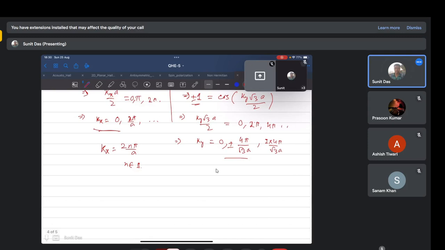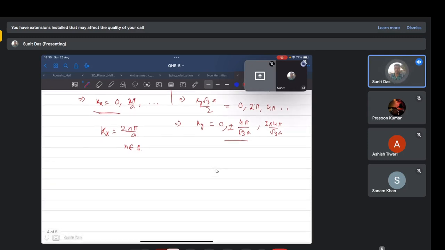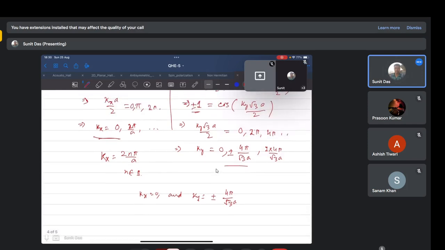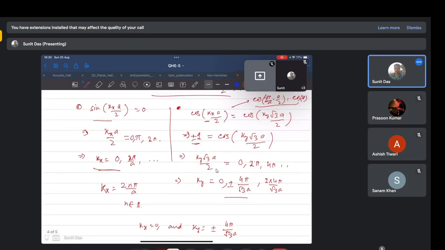So one possibility is that kx equal to 0 and ky equal to plus minus 4 pi by root 3a. Yes, that is one possibility.